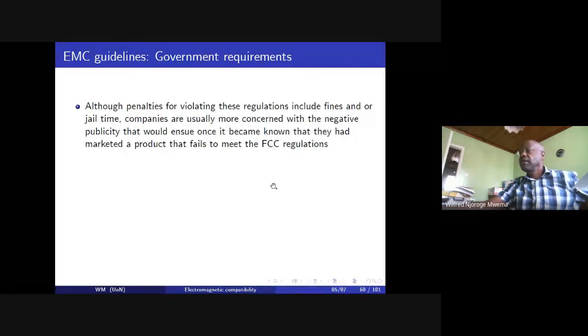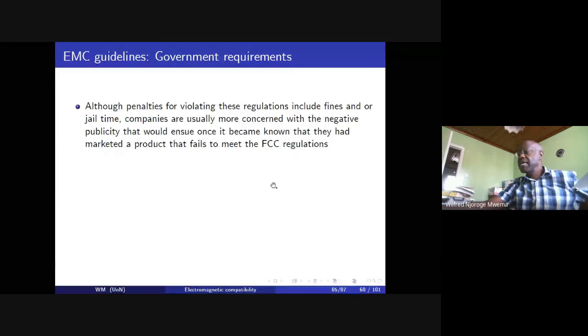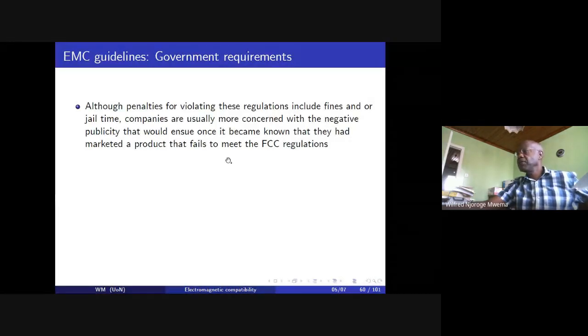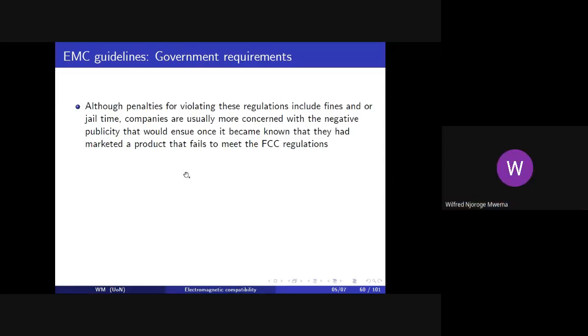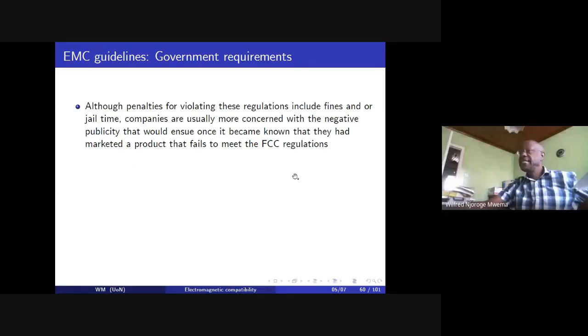This means that even if Kenya can allow so much emission, Uganda may not, and therefore when you're manufacturing for the market of another country, you have to meet their requirements. And we shall show why the standards committees are trying to put together the same set of guidelines, so that if you meet the standard in one country, you have met the standards in all the others.